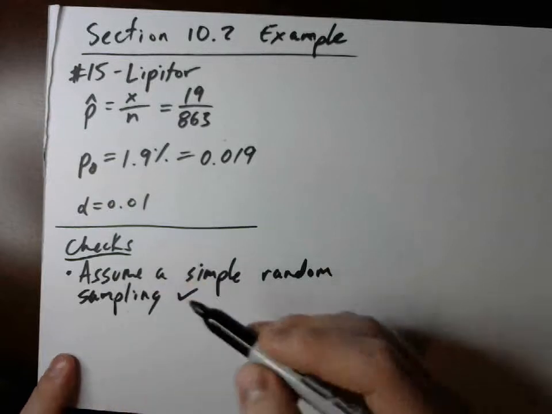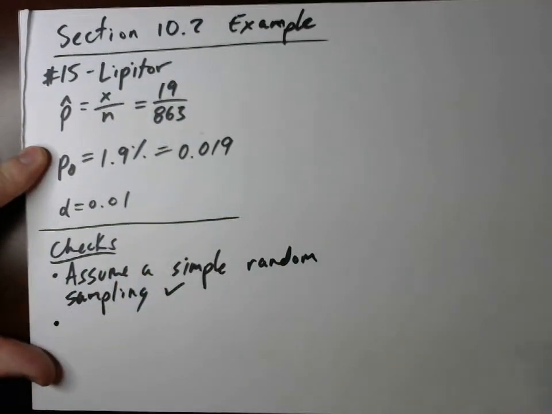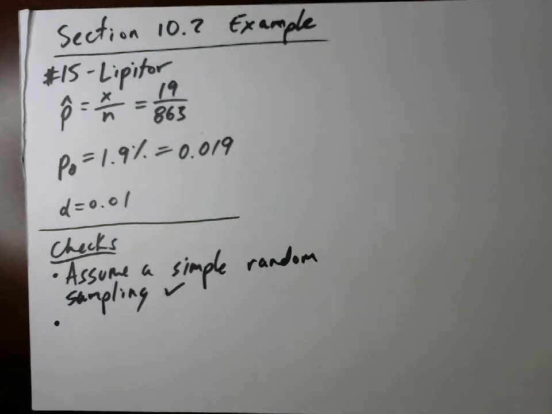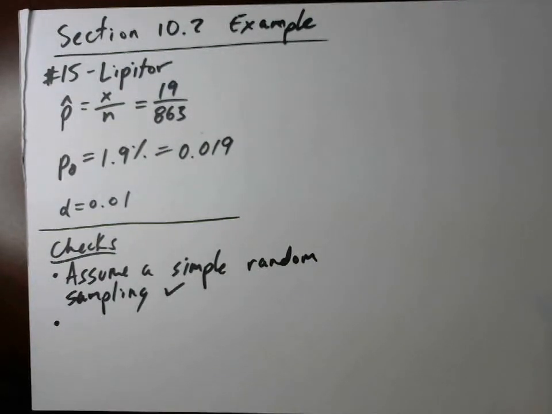Okay, so we're doing our checks right now. There's the first check. Now the second check mentions n times p naught times 1 minus p naught is greater than or equal to 10. Now, this should be familiar to you from chapter 8, where we need a large enough sample size to have a normal distribution for the sampling distribution.